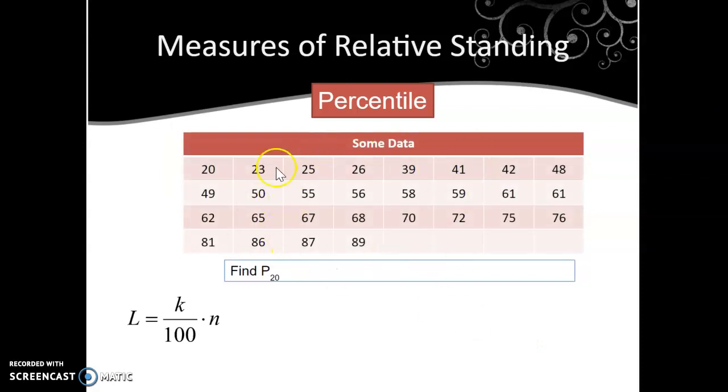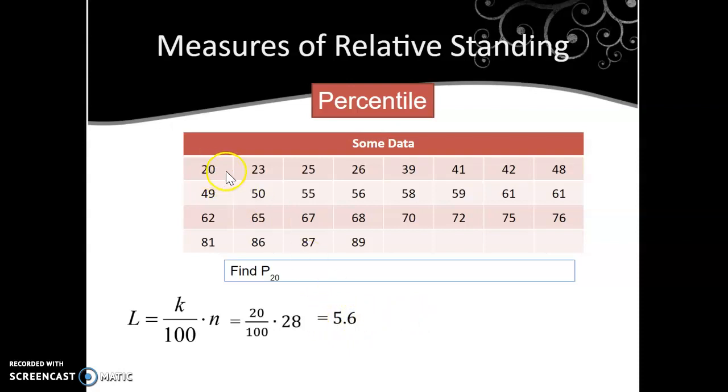So if we're looking at our ages again, to find the 20th percentile, or P20, we're going to do 20, the K, the percentile, divided by 100, times the total number of data points. So 20 divided by 100 times 28 is 5.6. Now this number tells you the location.